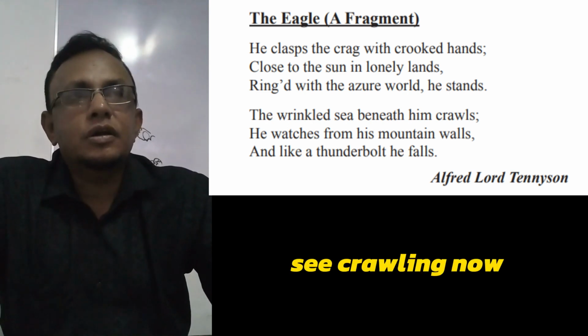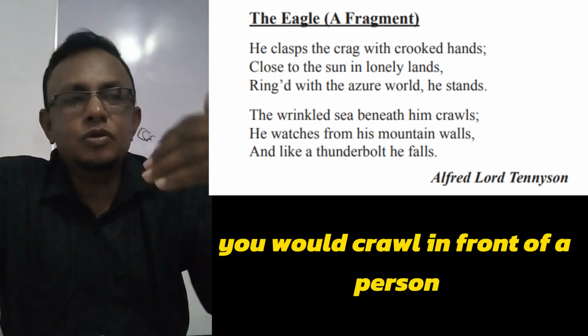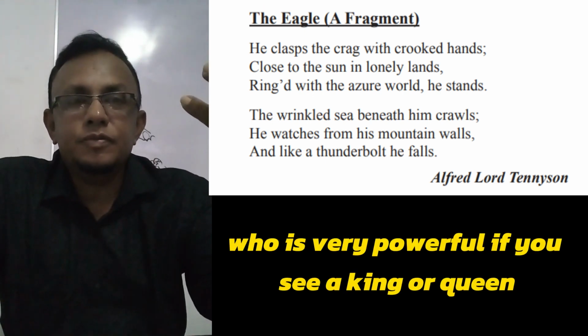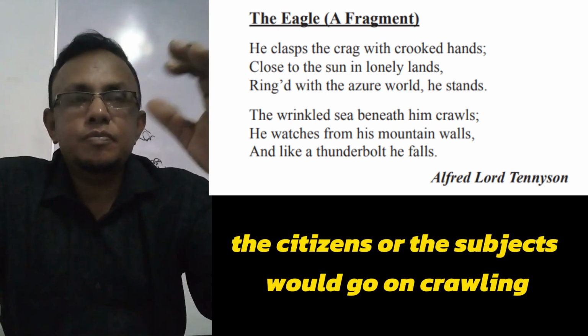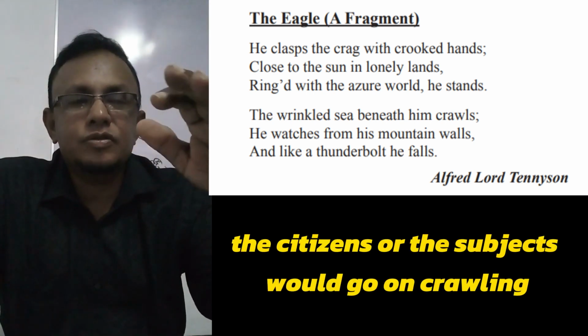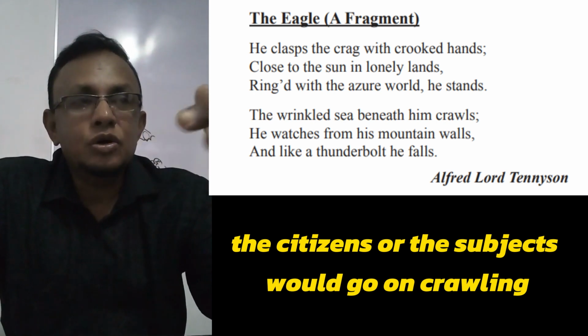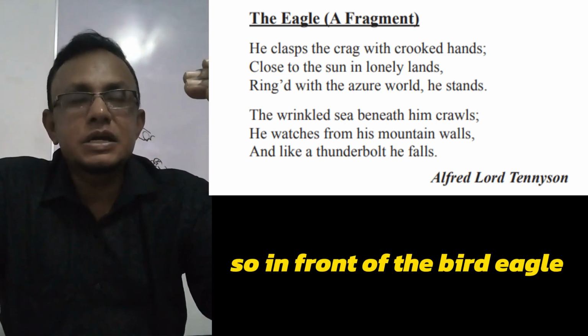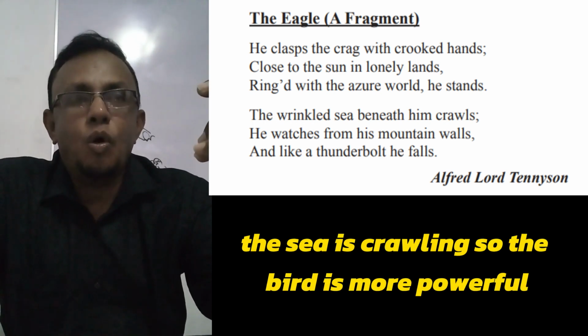And also hyperbole is highlighted in this poem. See crawling. Now, you would crawl in front of a person who is very powerful. If you see a king or a queen, the citizens or the subjects would go on crawling. So in front of the bird eagle, the sea is crawling.